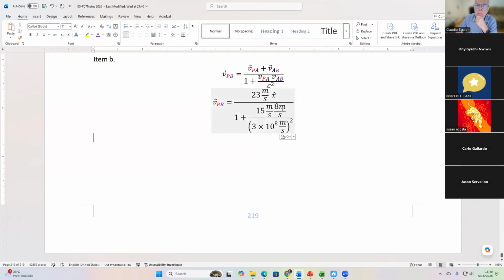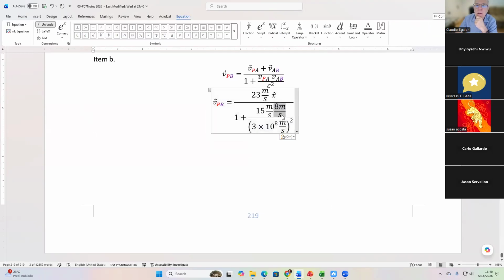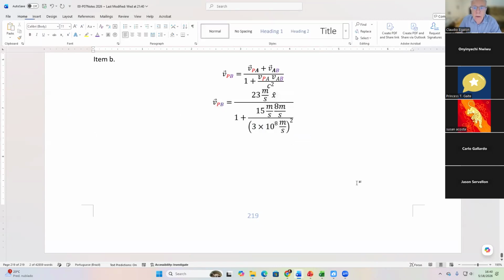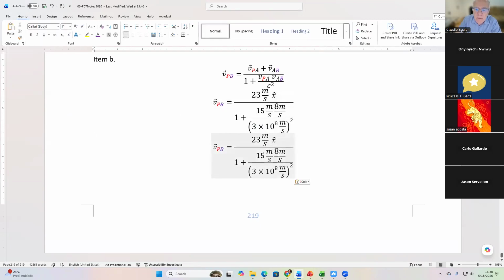So the meters per second, let's see here. We get 23 meters per second upstairs. Here is going to be 120, right? 120.